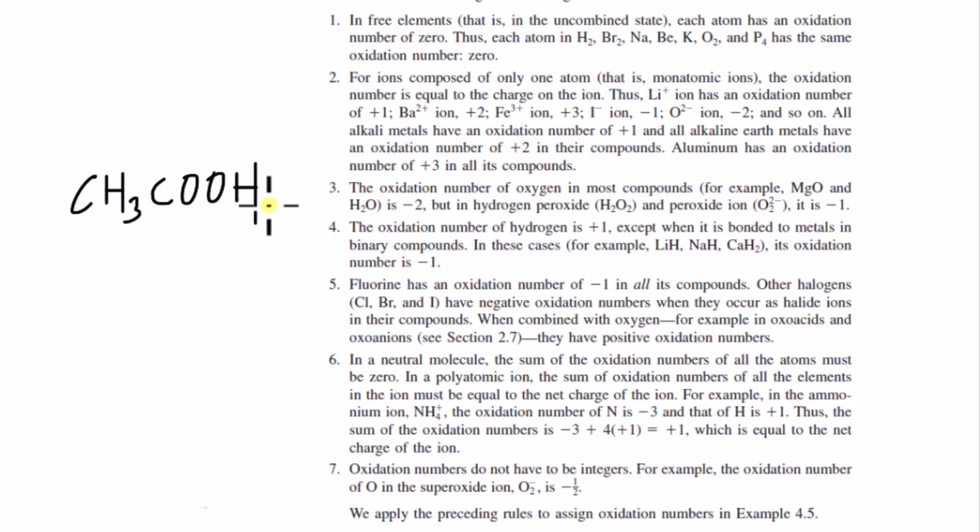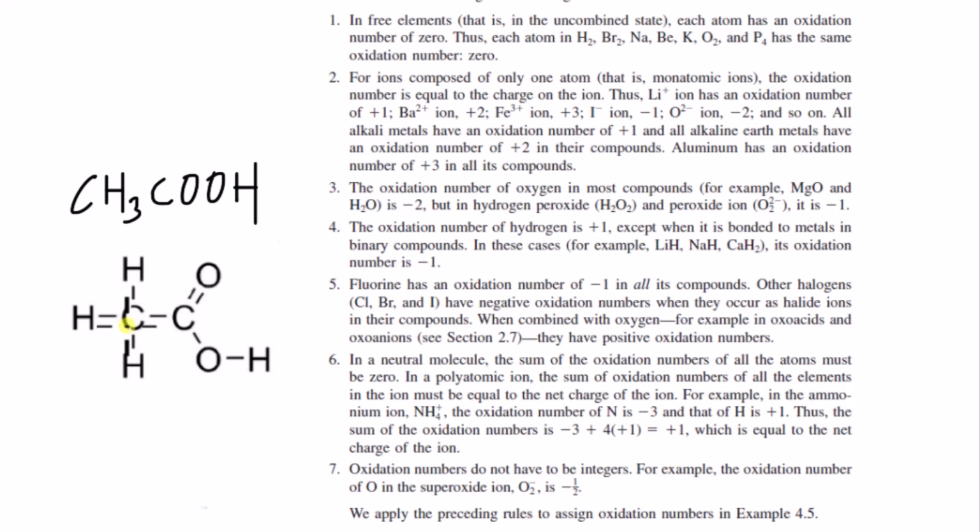It's written this way because of the structure of this compound. We can see that in the compound there are hydrogens in different locations, bonded directly to different elements. Here, this hydrogen is bonded to an oxygen, and here these hydrogens are bonded to a carbon.